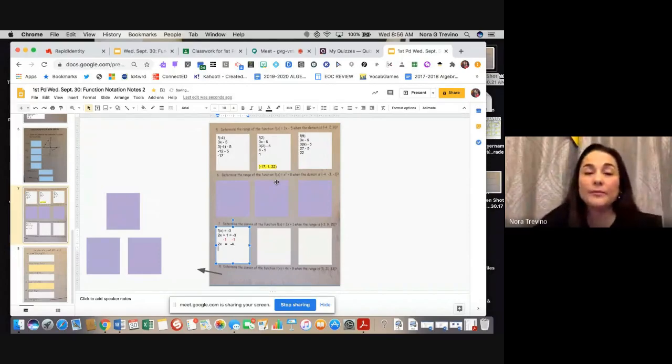Now I'm going to divide by 2. And I finally get x equals negative 4 divided by 2 is negative 2.